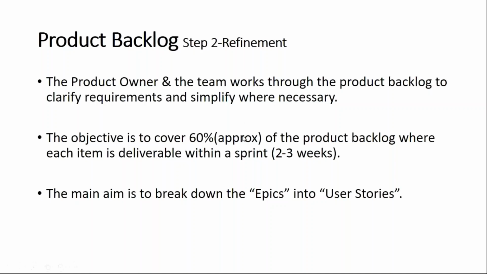The objective is to cover 60% of the product backlog, where each item can be dealt with within a sprint. When we start the project, we cannot clarify every requirement until the end. As you move down the project, something will go out of scope and something will get more clarified. That's the reason we say 60%.